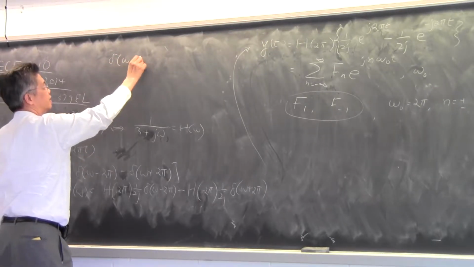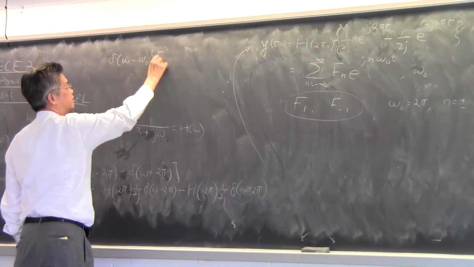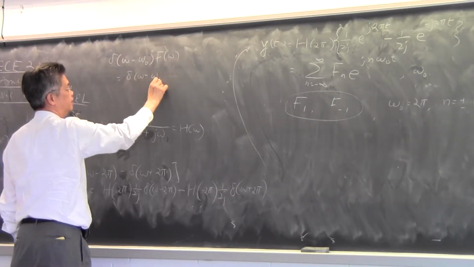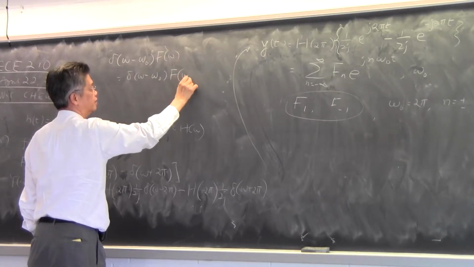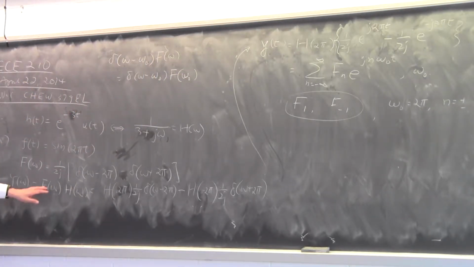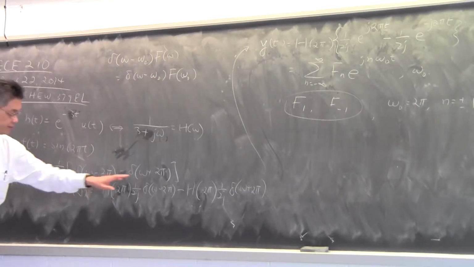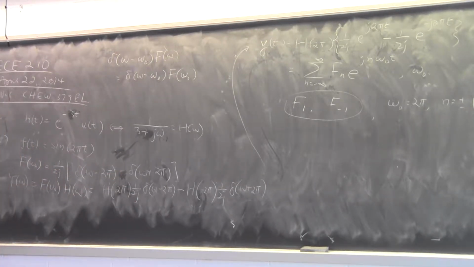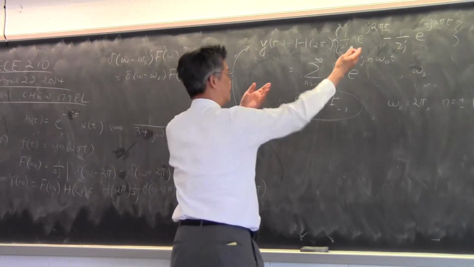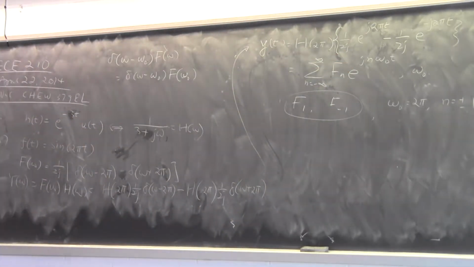Delta omega minus omega naught times the function of omega is the same as delta omega minus omega naught times F of omega naught. These two are the same. I'm using that to go from here to there. And then I can do the inverse Fourier transform by a table lookup. And then I get something like that. Okay?